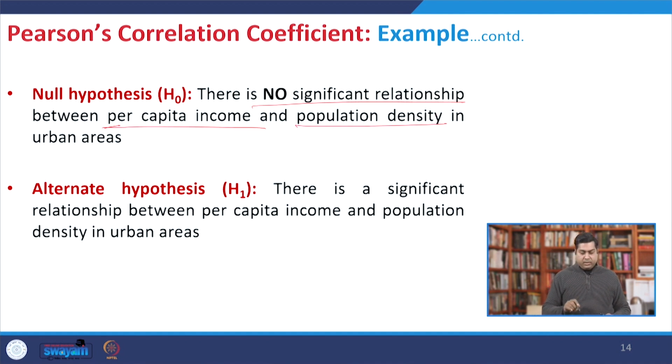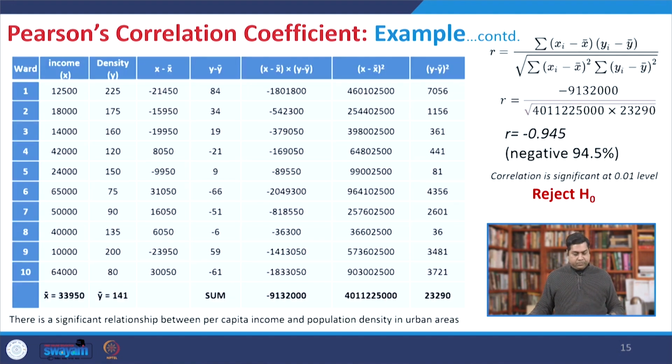And then the alternative hypothesis: yes, there is a significant relationship between per capita income and population density, right. So, in the first case, there is no significance. Even if you have higher income, the density will not make any kind of change, and in the alternative case, yes, there is some sort of relationship.